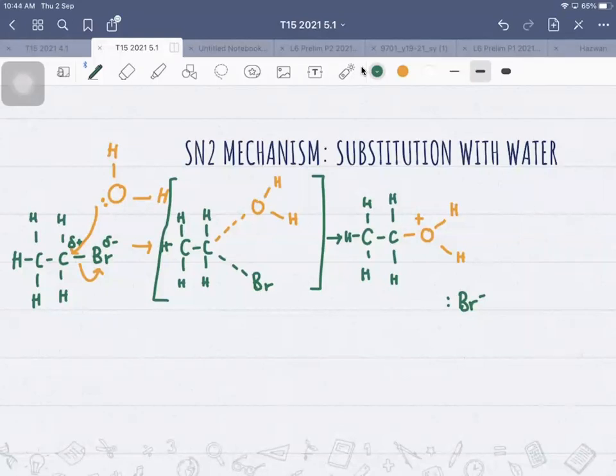Okay, so there's a positive charge on that oxygen. In order to remove that positive charge, the oxygen-hydrogen bond has to be broken. The pair of electrons will be given to oxygen to cancel out the positive charge to give you the final product, that is the alcohol, which is your ethanol.